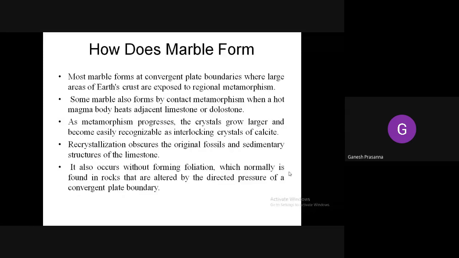Some marbles are also formed by contact metamorphism. I told you what contact metamorphism is. Contact metamorphism occurs near the contacts. Now what is a contact?